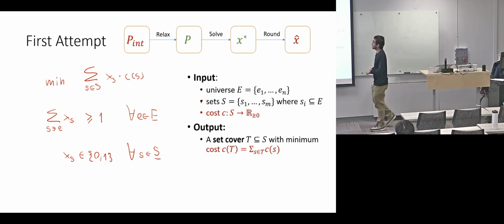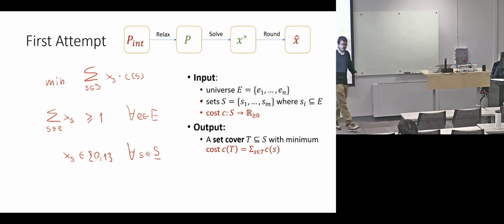For each element, one of the sets that contains it must be chosen. So this sum is like an OR: one of the sets that contains E must be chosen.